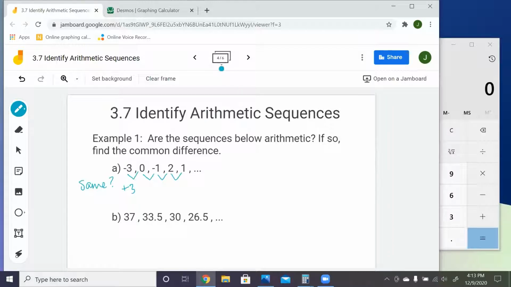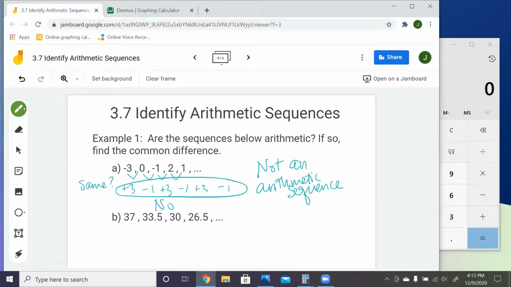From 0, how did I get to -1? I subtracted 1. From -1 to 2, I added 3, and from 2 to 1, I subtracted 1. So you can see this is clearly a pattern, and I can predict what's going to come next by adding 3 and subtracting 1. But the question is, are these all the same? And the answer is no. Because they are not all the same, this is not an arithmetic sequence.